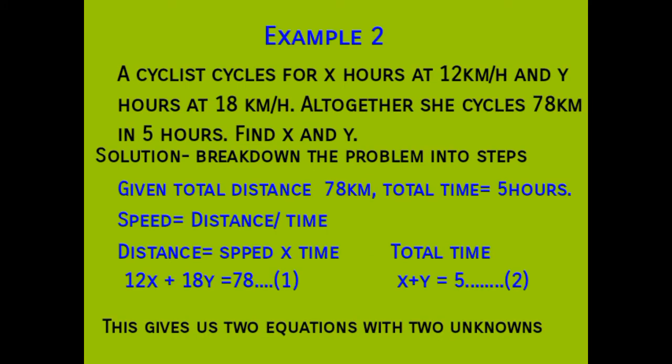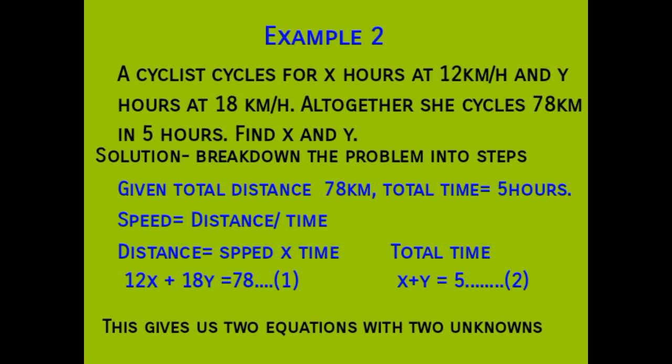Another example says a cyclist cycles for x hours at 12 kilometers per hour and y hours at 18 kilometers per hour. Altogether, she cycles 78 kilometers in 5 hours. So find x and y. The solution is to break down the problem into steps after understanding that we have to find x and y.